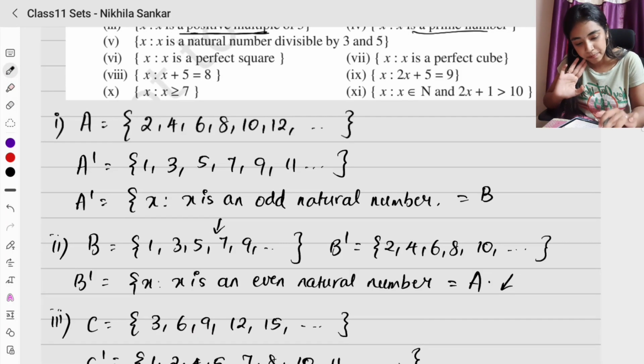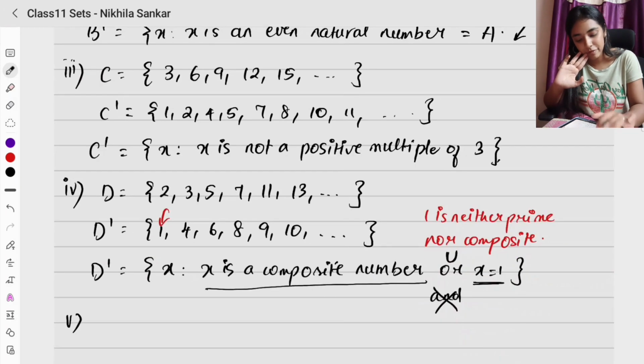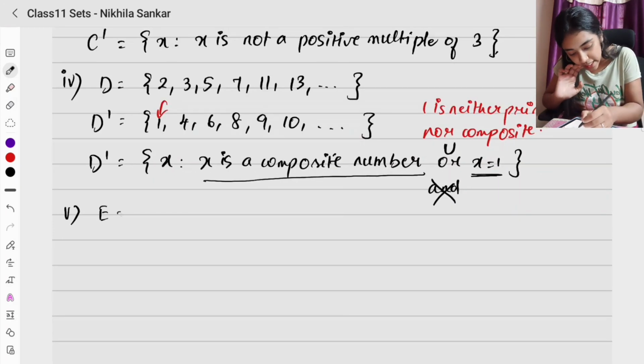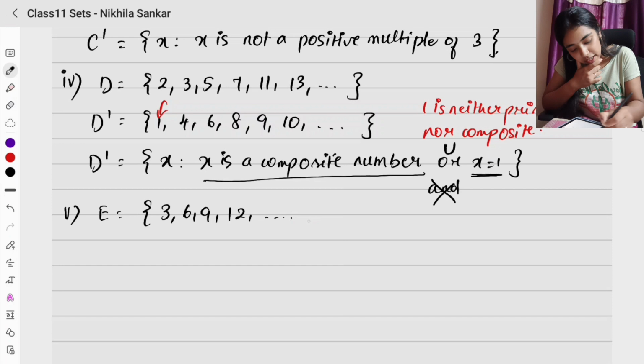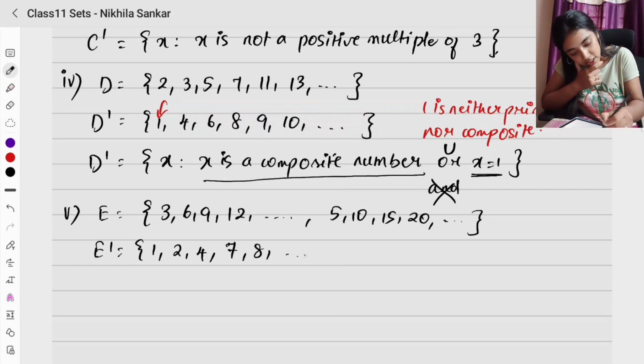Fifth subsection, x is a natural number divisible by 3 and 5. So, E equals x is a natural number divisible by 3 and 5. So I have 3, 6, 9, 12 and so on, comma, 5, 10, 15, 20 and so on. So E dash is going to be all the other numbers. So 1, 2, 4, 7, 8 and so on.